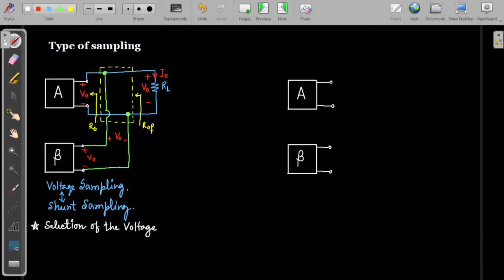Now what will happen? We will connect the basic amplifier in this pattern like this in a series connection, and let us see what happens.